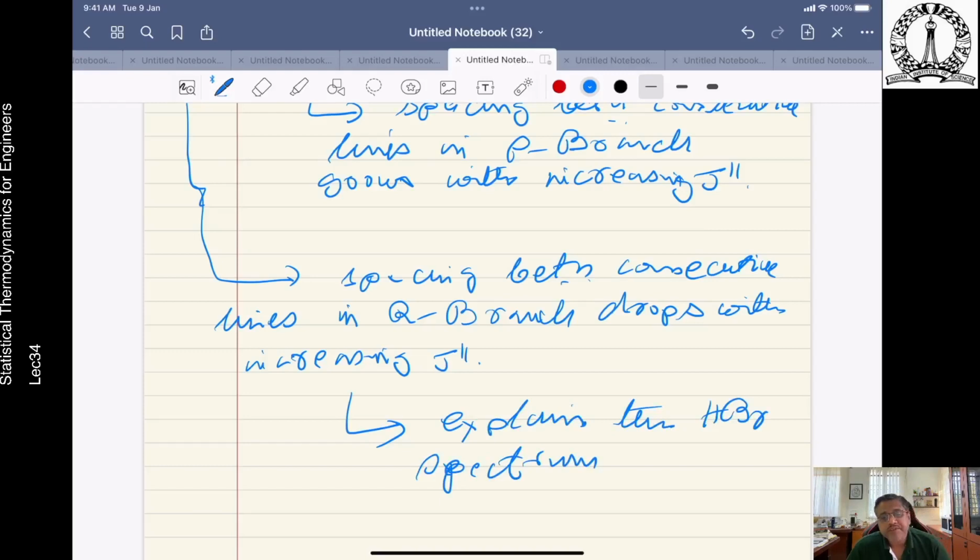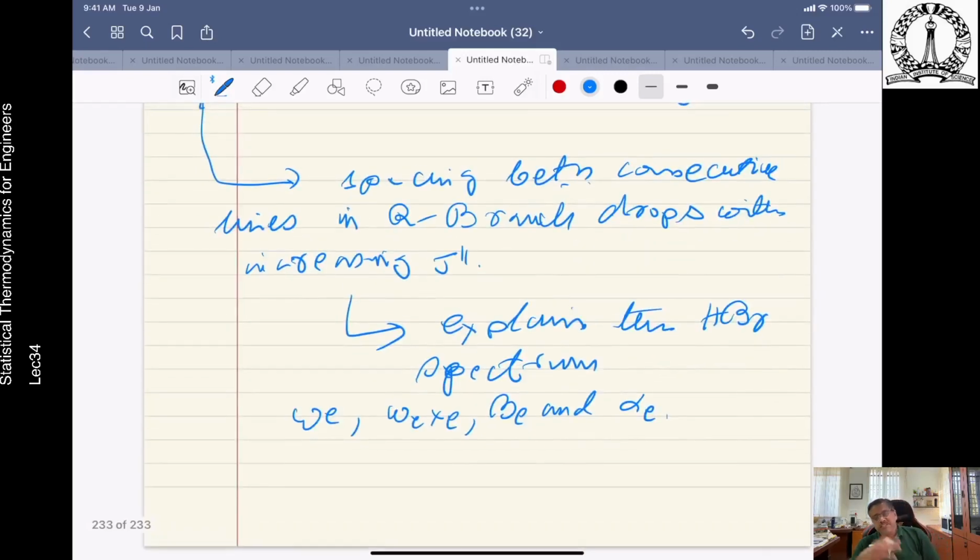By using least square fits, we can analyze the infrared spectrum, as we know that it is infrared dominant. We can determine various spectral parameters like omega_e, x_e, B_e, and alpha_e. All these can be determined by just doing a least square fit. This model, remember, comes from the Morse potential by a power series expansion of the Morse potential.